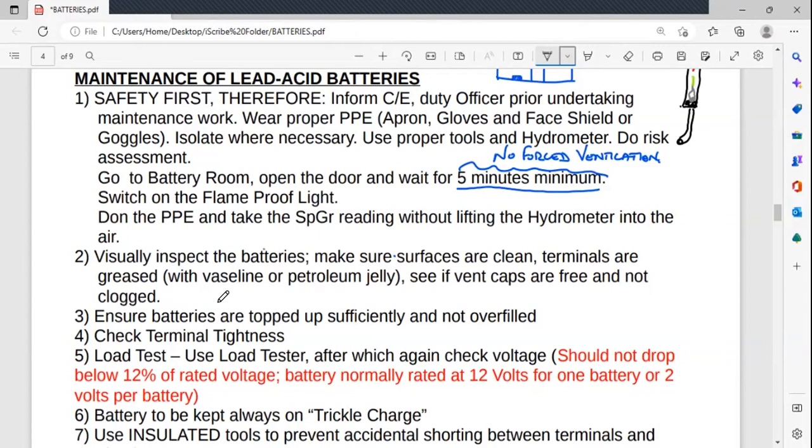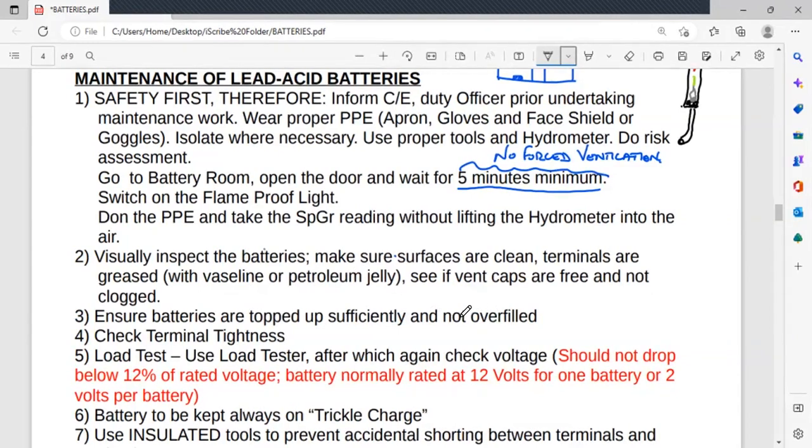Ensure batteries are topped up sufficiently and not overfilled. This comes with experience, how much water, and that too distilled water, not ordinary water. Remember, ordinary water has minerals which can interact during the chemical process.